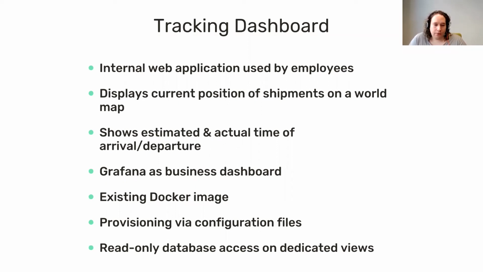You can enable this with files. You take the existing Docker images and provision them with files. Of course, it's not as easy as it sounds. You have to really understand how the configuration files have to look to get what you want. But I would say you don't really have to write code apart from YAML, queries or JSON.